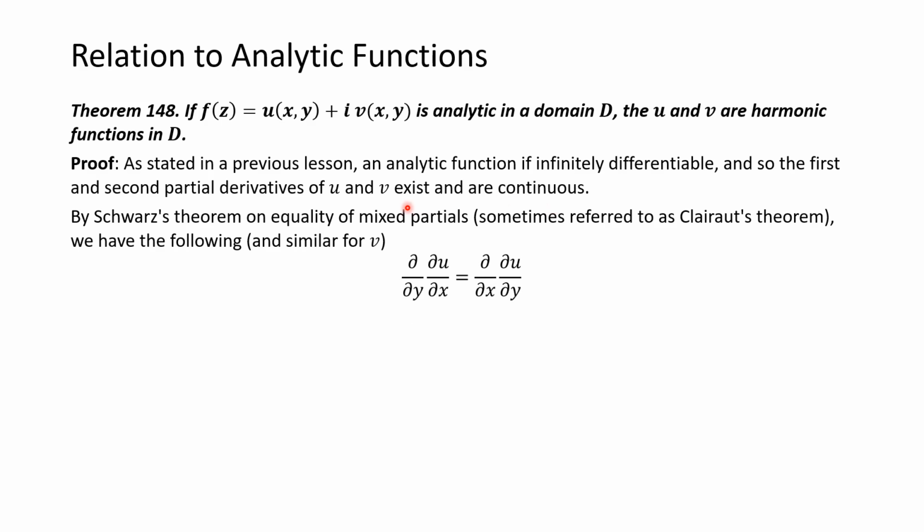We also have something called Schwarz's theorem, which comes from multivariate calculus, and it says that we can switch the order in which we take the partial derivative. So you see here we're doing the partial of u with respect to x and then with respect to y, and then it equals the partial of u with respect to y and then with respect to x.